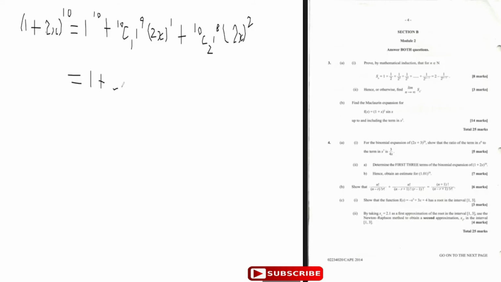So it's 1 plus 20x, plus 10 choose 2. 10 choose 2 is 45. 45 times 2 squared is 180. So this becomes plus 180x squared. That is the expansion of 1 plus 2x to the 10.